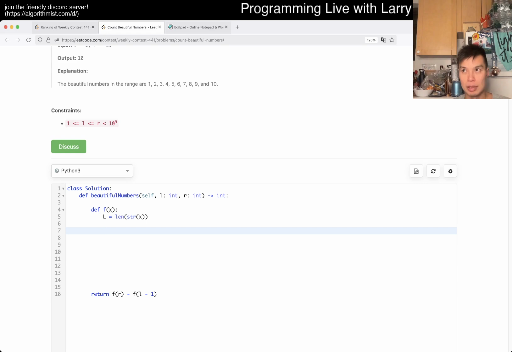What would the digit DP look like? Because you do have to keep all that state, and I don't know that it's easy to do all that state. Let's try. I don't know if it is, but we can try.